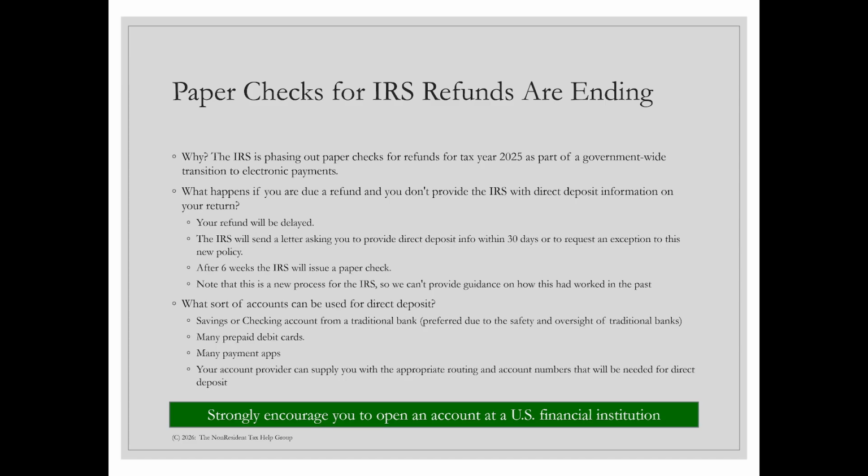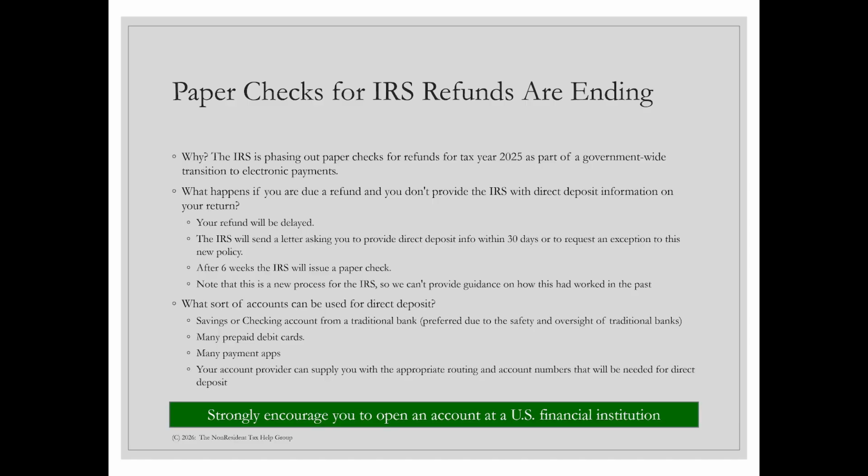We believe that there is not going to be a requirement to file a form to request an exception, that you're just going to be able to not do anything, but you're going to have to wait. If you don't respond to them after theoretically 6 weeks, the IRS will go ahead and send you a paper check in the mail.